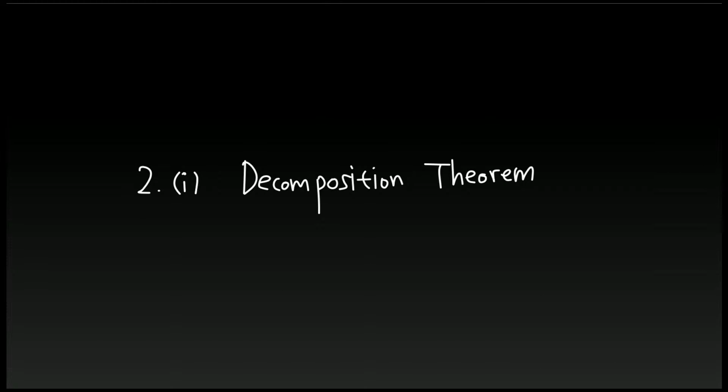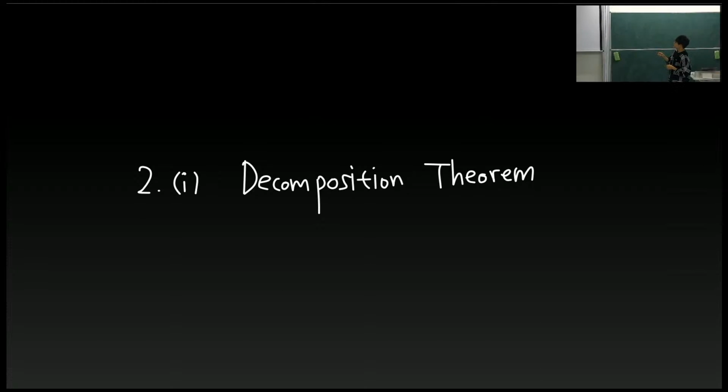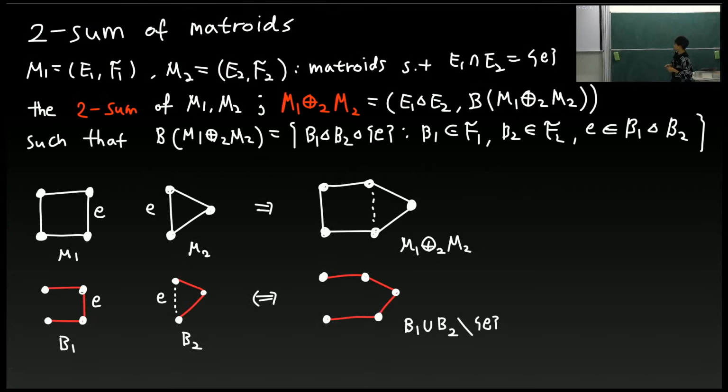So now I want to talk about the decomposition theorem. But before I do that, let me give one more definition, the two-sum of matroids. Let M1, M2 be matroids such that M1 is defined on set E1 and M2 is defined on set E2, such that E1 and E2 intersect in a single-element set.